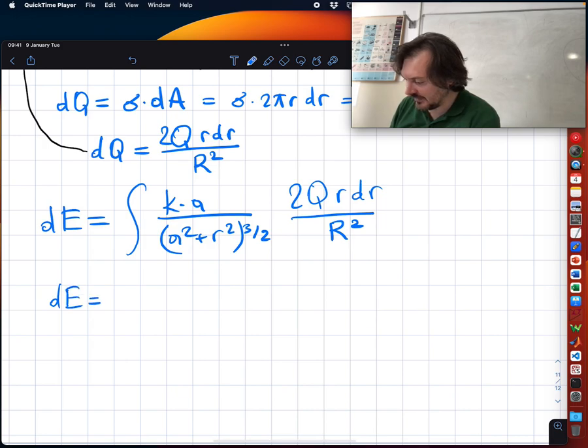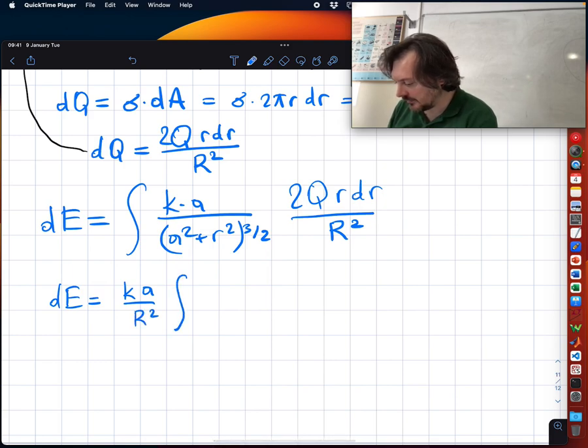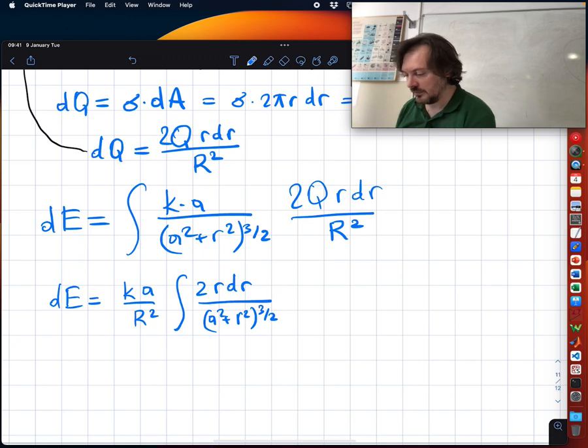dE is equal to, let me take k a Q over R squared out and leave 2r dr over (a squared plus r squared) to the 3 over 2 inside. I left 2r dr inside because, yes, do you have a question? Yes, very good.